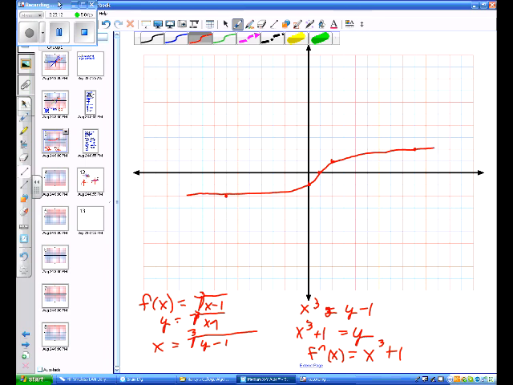Then if we graphed our inverse function, well, in graphing our inverse, we have a perfect cube. Well, we know that negative 2 cubed is negative 8, but then it says to go up 1. Negative 1 cubed is negative 1, but it tells us to go up 1. 0 cubed is 0, but then we go up 1.